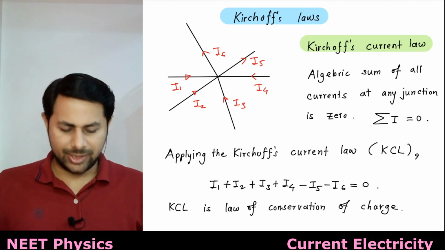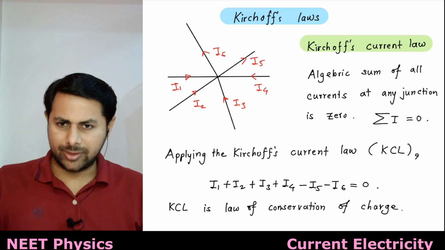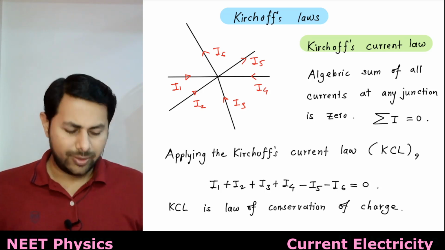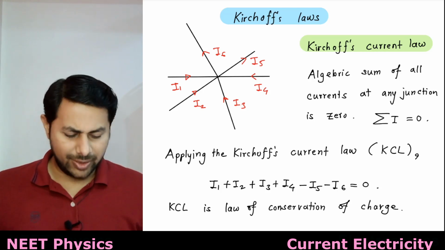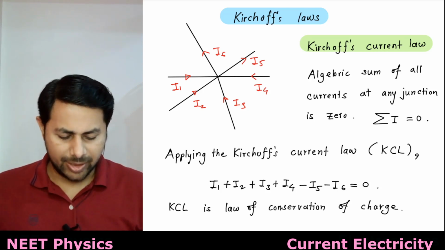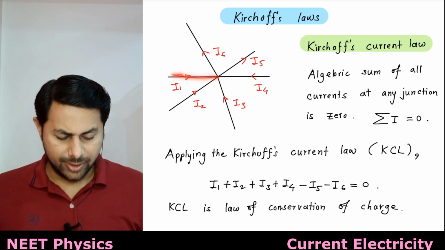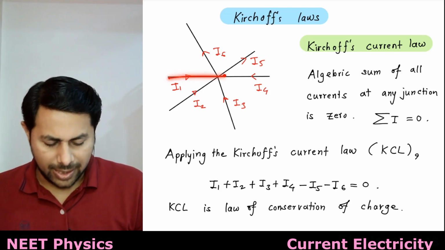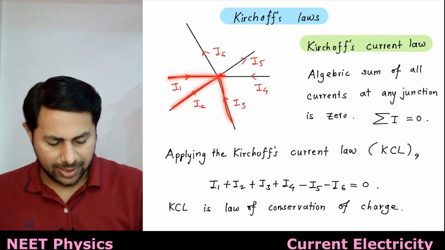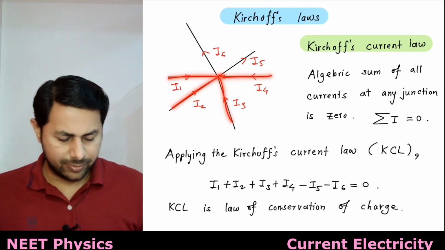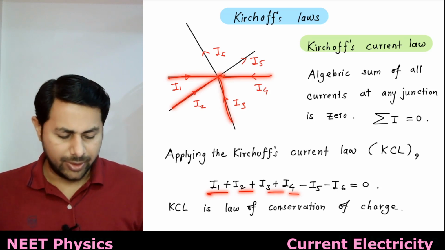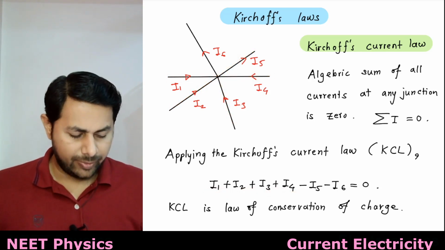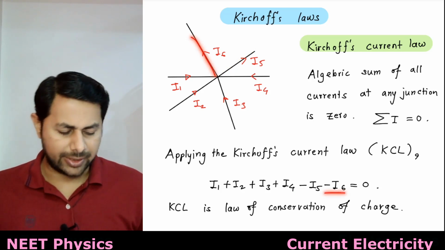Current coming towards the junction you consider to be positive, then current going away from the junction is considered to be negative, or vice versa. So let's consider current coming towards the junction as positive. We can write here I1 plus I2 plus I3 plus I4 minus I5, because this current is going away from junction, minus I6 is equal to 0.